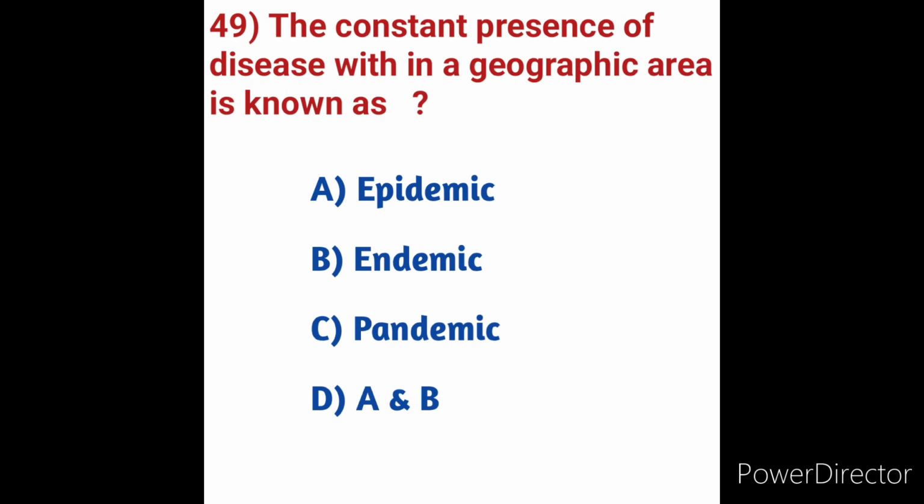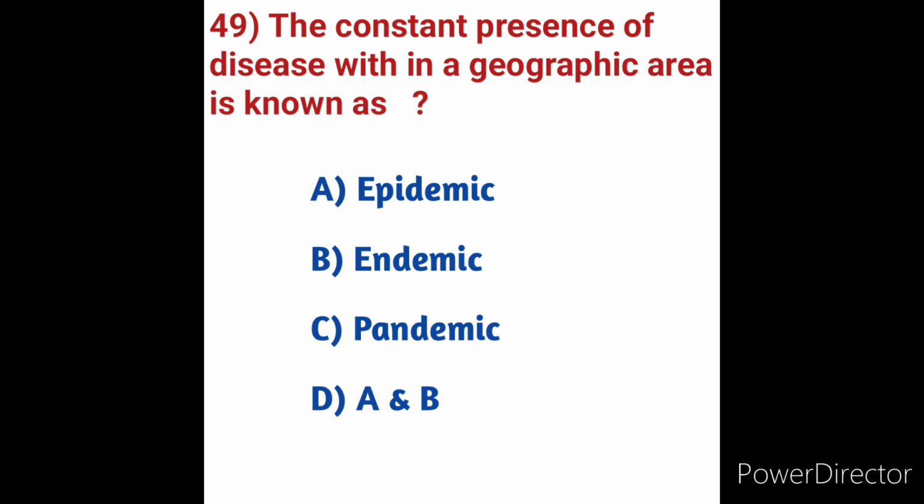The constant presence of disease within a geographic area is known as. We'll see the options. Option A, epidemic. Option B, endemic. Option C, pandemic. Option D, A and B. The constant presence of disease in a geographic area is called endemic.